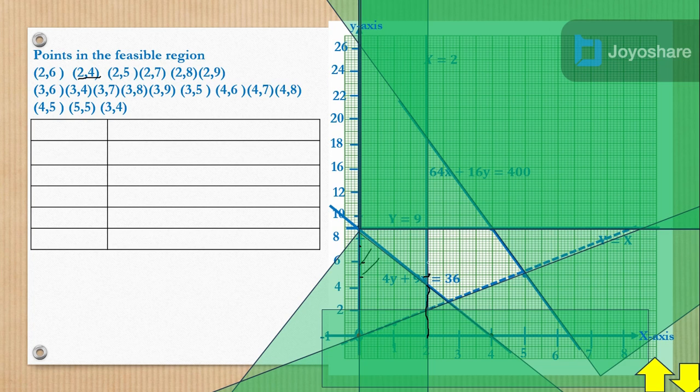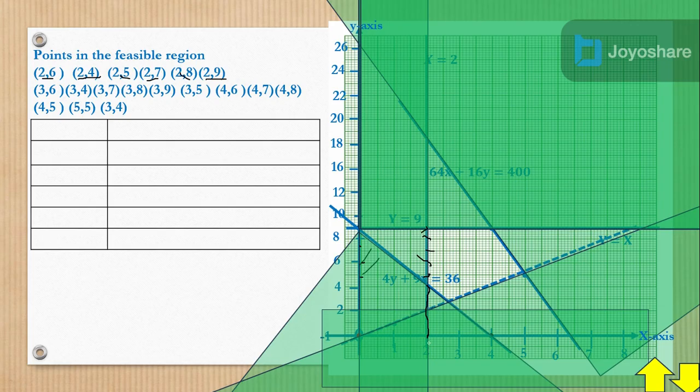So (2, 5) will work, and we have it there. We have (2, 6), which will work. We also have (2, 7), which will work. We also have (2, 8) and (2, 9), which will work.